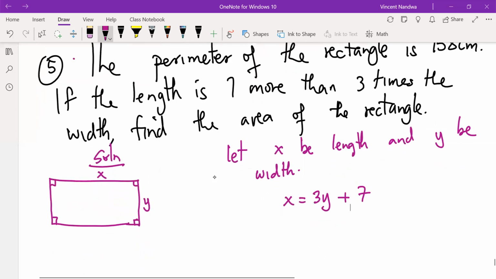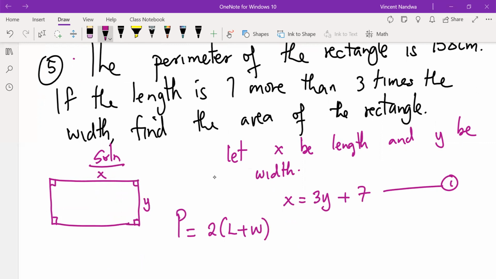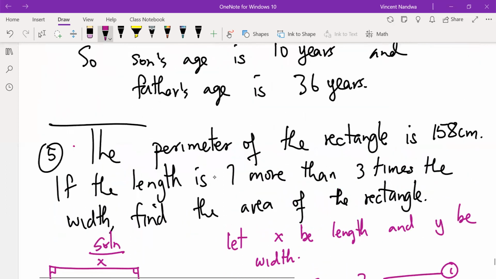Now we know that perimeter is given by 2 into length plus width. So which means we'll have 2 into X plus Y. So perimeter is 2X plus 2Y. And in this question, perimeter is 158.